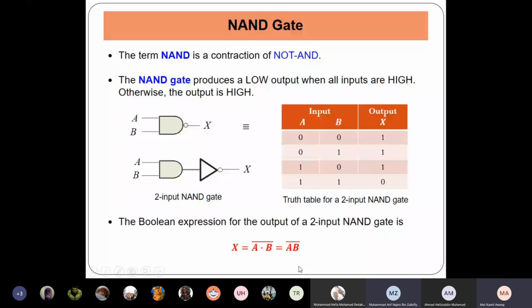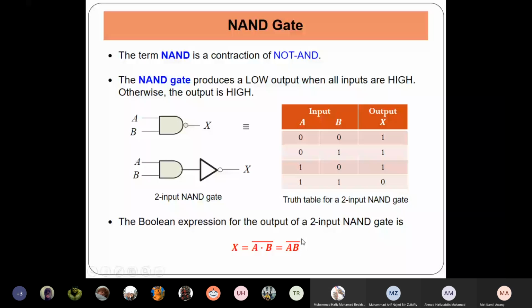So you do the A dot B first, then you take a NOT. If you have this long bar covering both A and B, you do the AB first, then you NOT. From here you can see the process: you do the AND first, then you NOT.